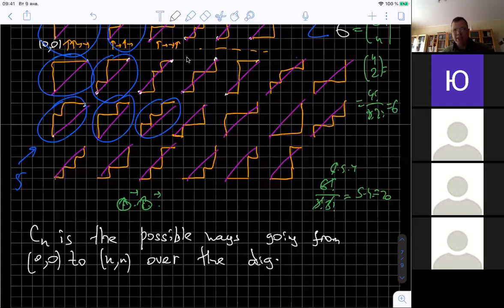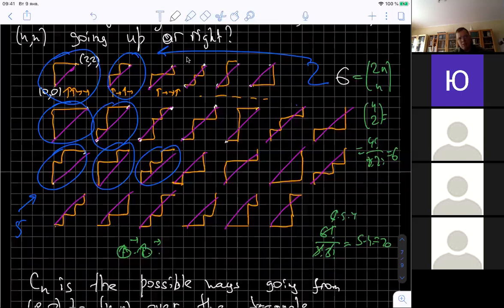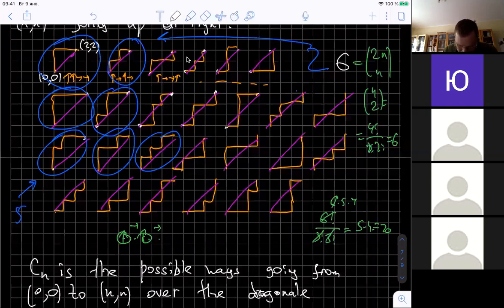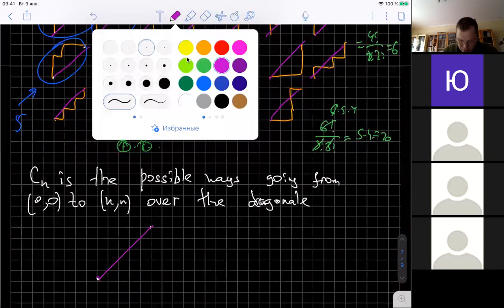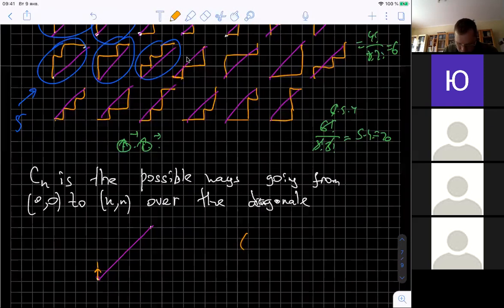And so I think it is not very hard to prove it, because you can consider them as opening and closing brackets. So, for example, if we look here at the diagonal, for each step up we will write the opening bracket, and for each arrow going to the right we'll have the closing bracket.